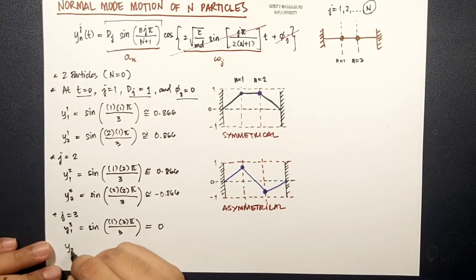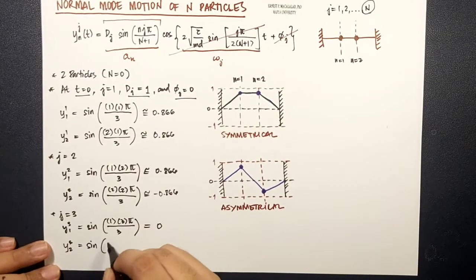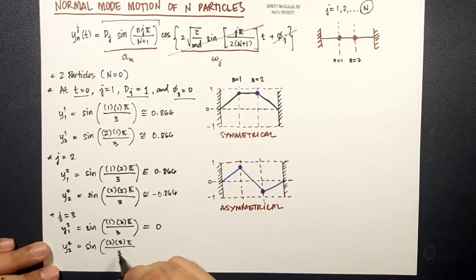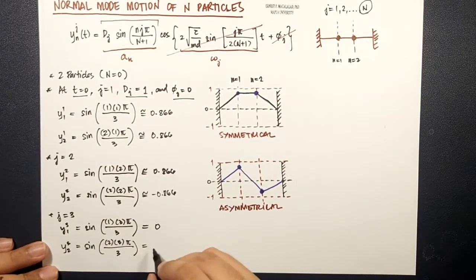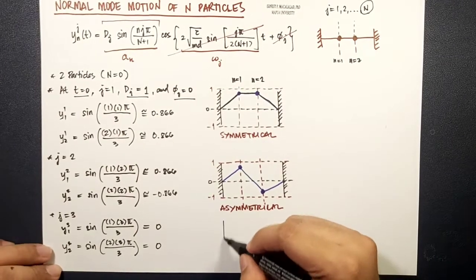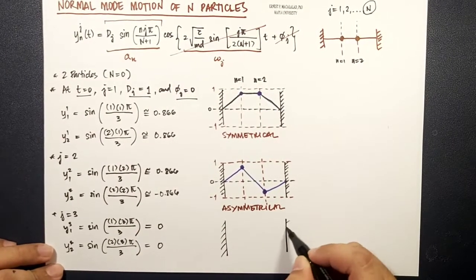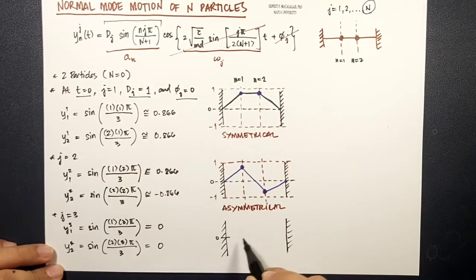And similarly, for the second particle, this is sine of 2 times 3 pi over 3, so this is sine 2 pi, and this is equal to 0. If we draw that, this is 0.